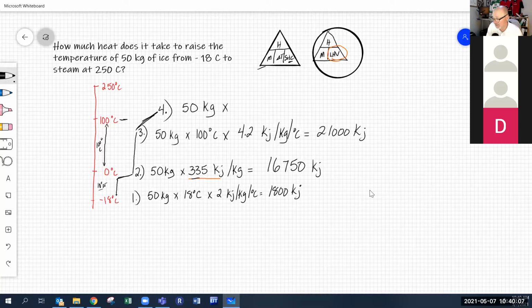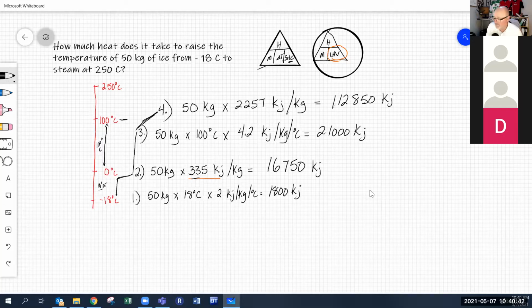This is going to be the latent heat of vaporization condensation in metric of water, which is 2,257 kilojoules per kilogram. And that is 112,850 kilojoules.